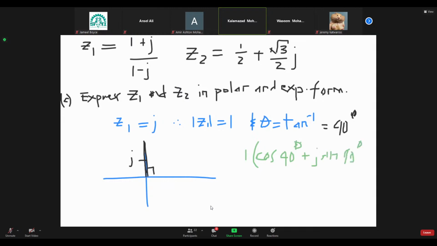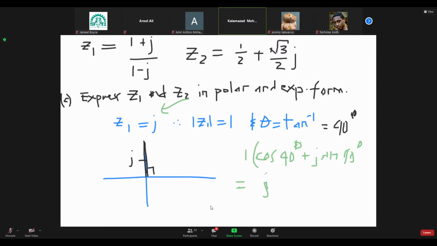Again, if you use that on your calculator, you will see cos of 90 degrees is 0. So 1 by 0 is 0. And sine of 90 degrees is 1. So we're going to get j, which is our original. Everybody following me? Yes, sir. Excellent. Thank you for the feedback.